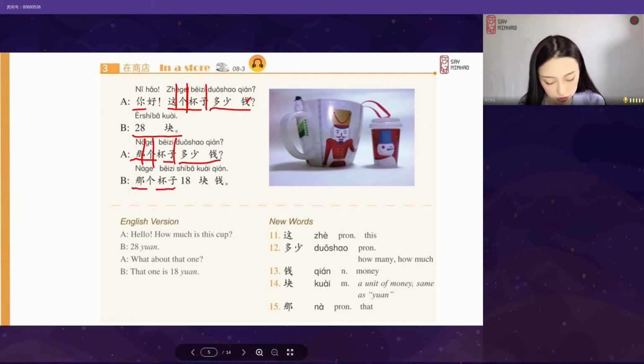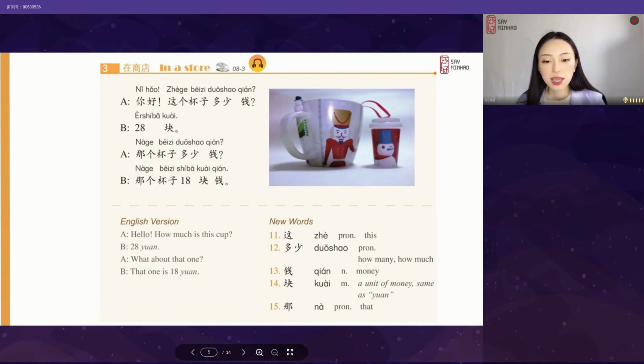And B said that cup 那个杯子18块钱, that cup is 18元.